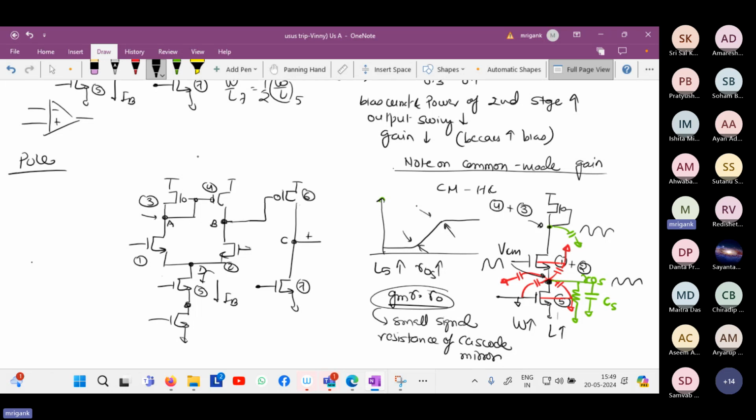Anybody else can answer? Sir, does the ICMR reduce? Yes. So the ICMR, what is ICMR? I've already given you in the question, input common mode range. So why will ICMR reduce?